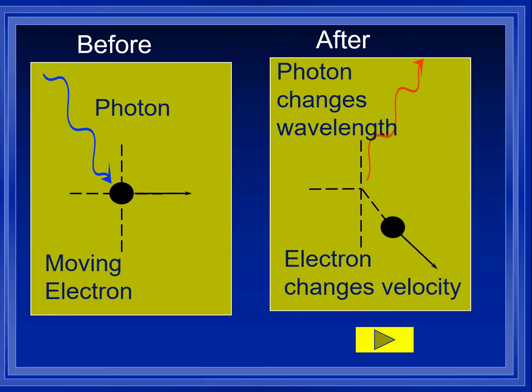Okay? So if I got an electron moving along, and a photon hits that electron, the photon changes wavelength, the electron changes velocity. Okay? So if I want to say where the electron is, I got either energy or position. If I want to say where it is, I want the shortest wave possible. Because I want to know which wave hit, and the shorter the wave I make, the more precisely I can say where it is.